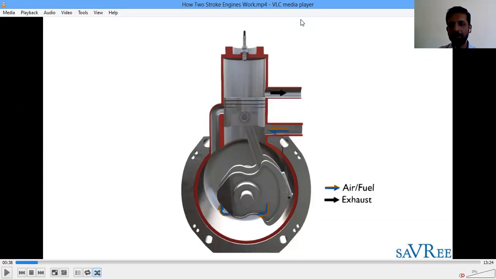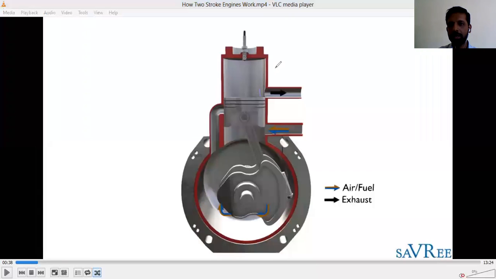There is no valve with a spring placed for the inlet and outlet ports present in a two-stroke engine. There are no valves at all. It is only a port, only a pipeline, where the opening and closing is taken care of by the movement of the piston itself.